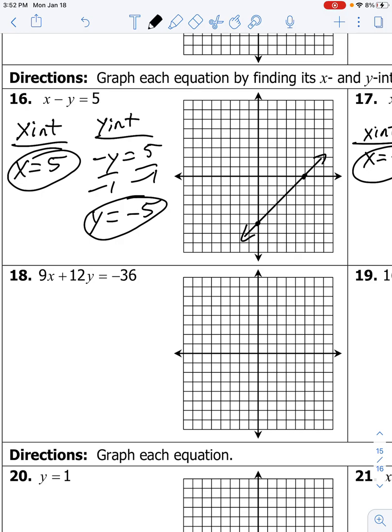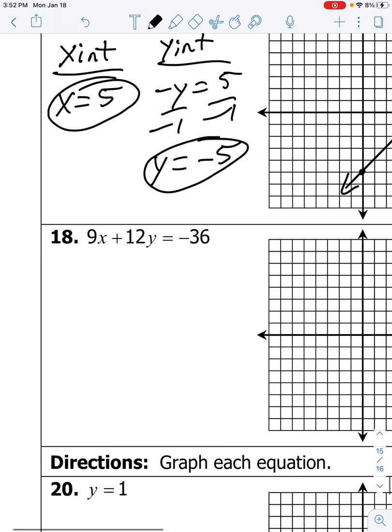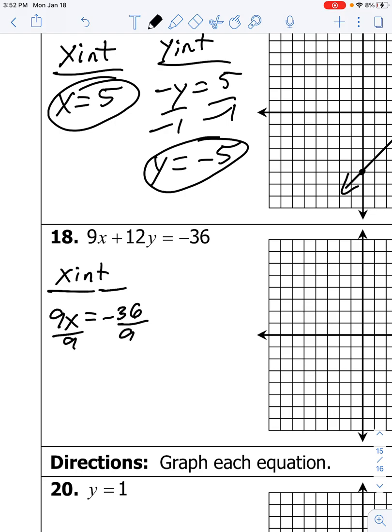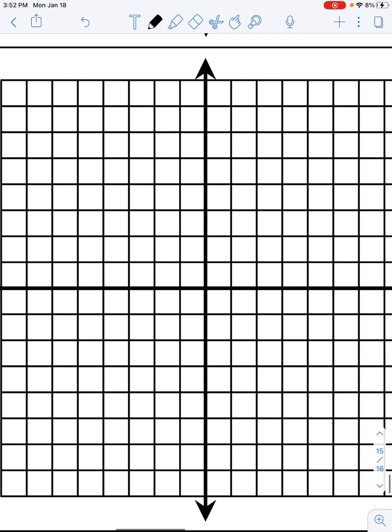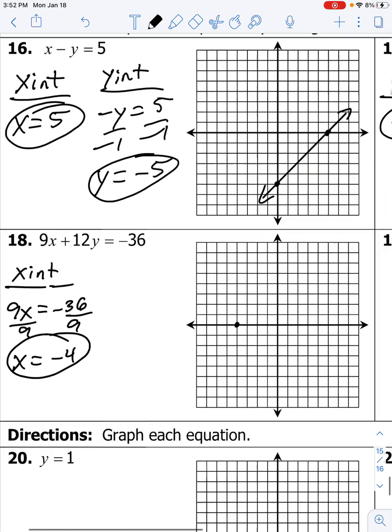All right. So this one right here, looking for the x-intercept. Take the y out. So it's going to be 9x equals -36. And then here we actually have to solve. So x equals -4. So we're going to plot -4 on the x-axis right here.